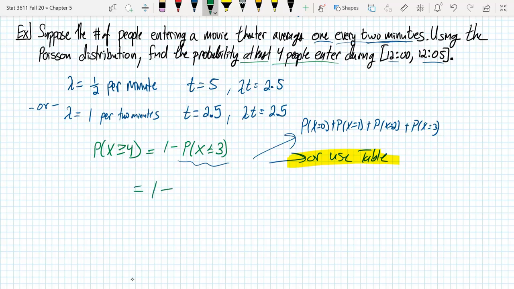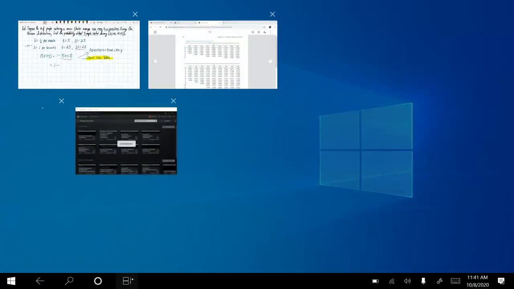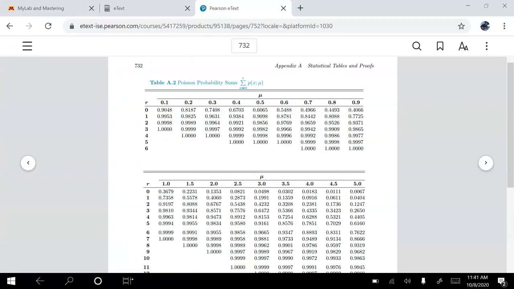So let's see what this is going to be. This is 1 minus the probability that X is less than or equal to 3. We have that lambda t is equal to 2.5. Let's find 2.5 on the table. Here we go, mu 2.5. And then less than or equal to 3, R would be equal to 3.